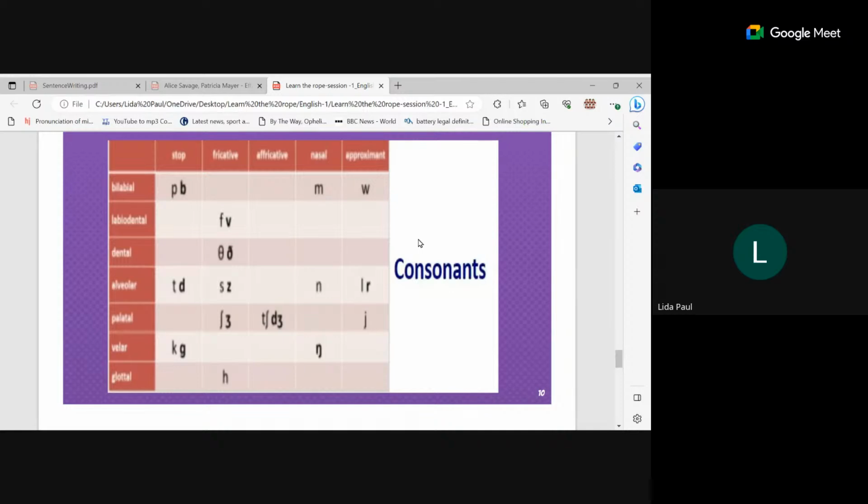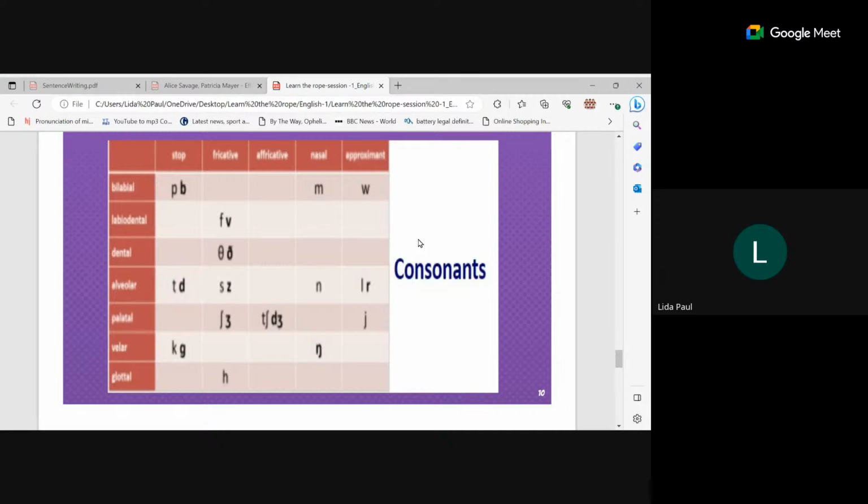Dental, teeth, right? So th and th. Your upper and lower teeth don't touch each other. They almost touch, but because of the friction and the air release, there's no touch, though it is almost in the position of touching each other. Th and th, okay? Then come alveolar sounds, which is when the air is restricted at the alveolar ridge, the hard part above your teeth.